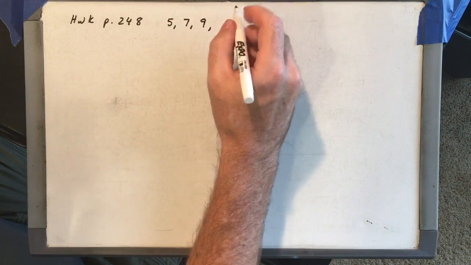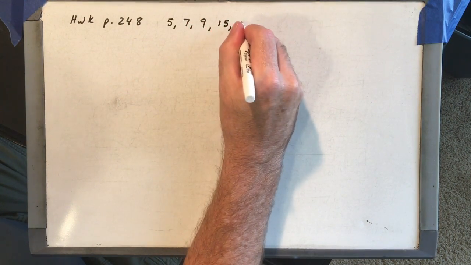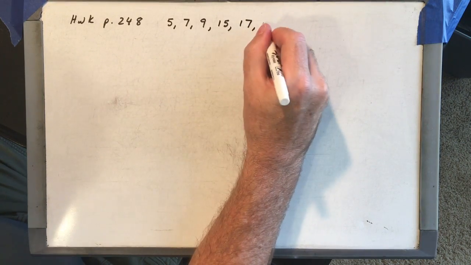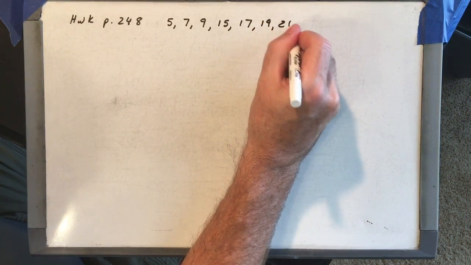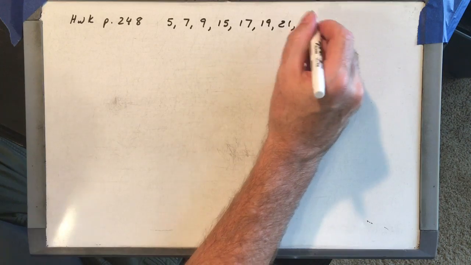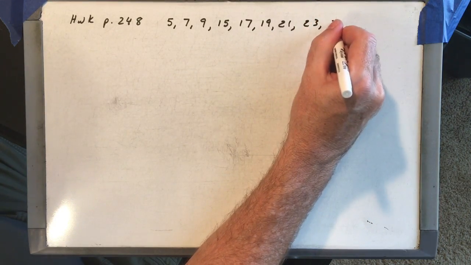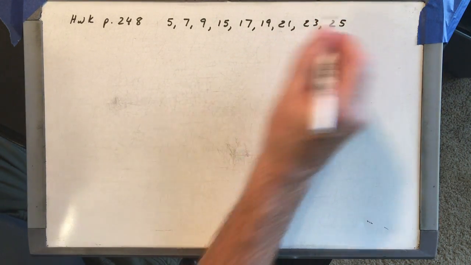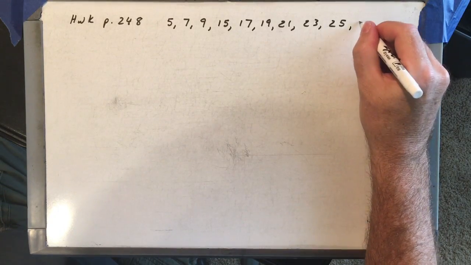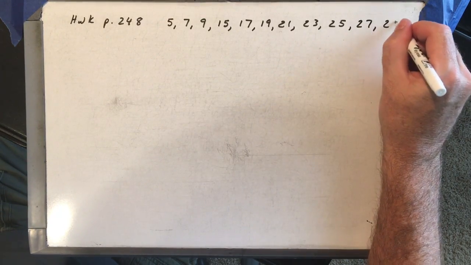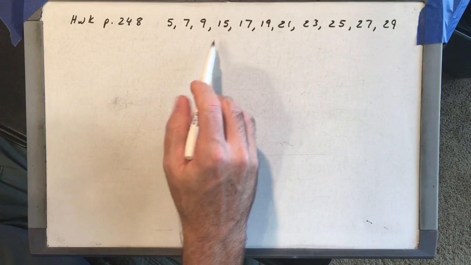Looks like a lot, but these will go fast. 15, 17, 19, 21. It's like when you first learned to take derivatives, went pretty fast. 23, 25, 27, 29. I probably could have consolidated this, couldn't I?